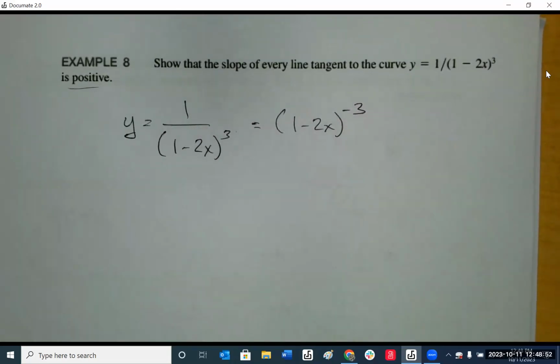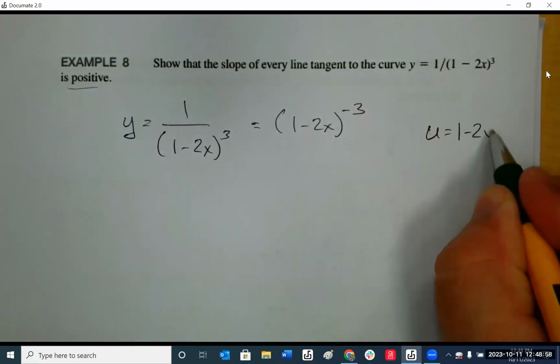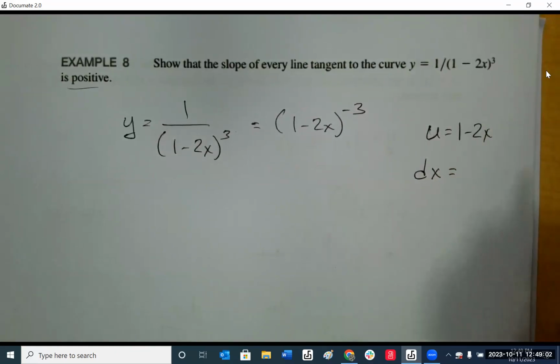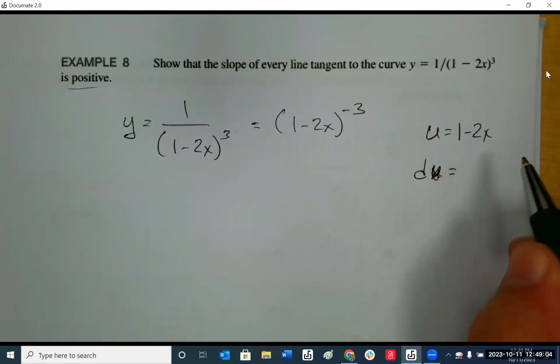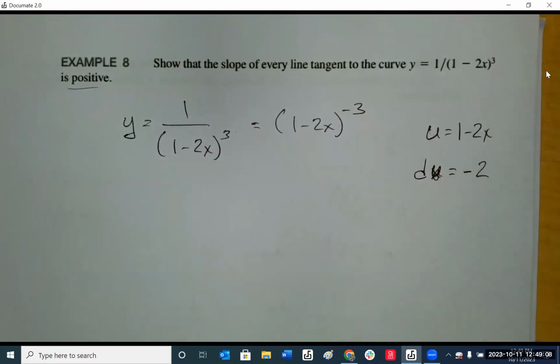Now we can use the chain rule. So 1 minus 2x is u, which means du would be what? -2.